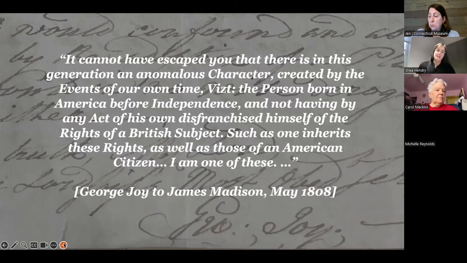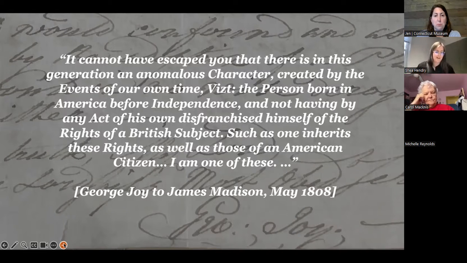The legal precedents which did exist theoretically enabled them to rightfully claim subjecthood in Britain and citizenship in the United States, at their own option, or more accurately for the period, based on the merits of their performance of either, if we're really thinking about how some of these things were worked out on the ground.